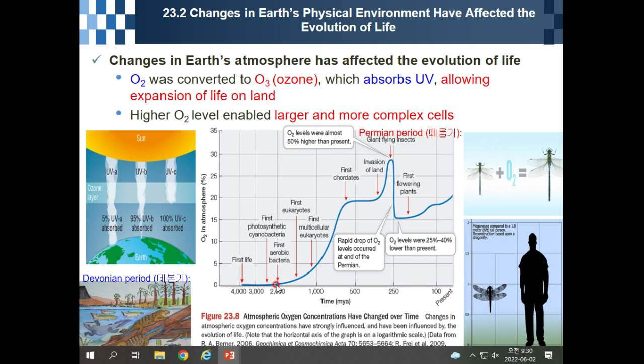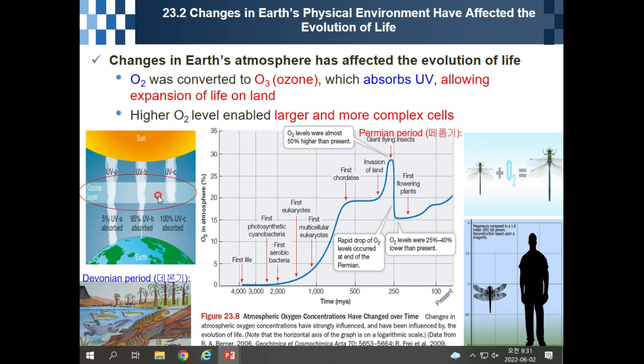Usually oxygen O2 is converted to O3, which is ozone. The ozone layer absorbs UV.